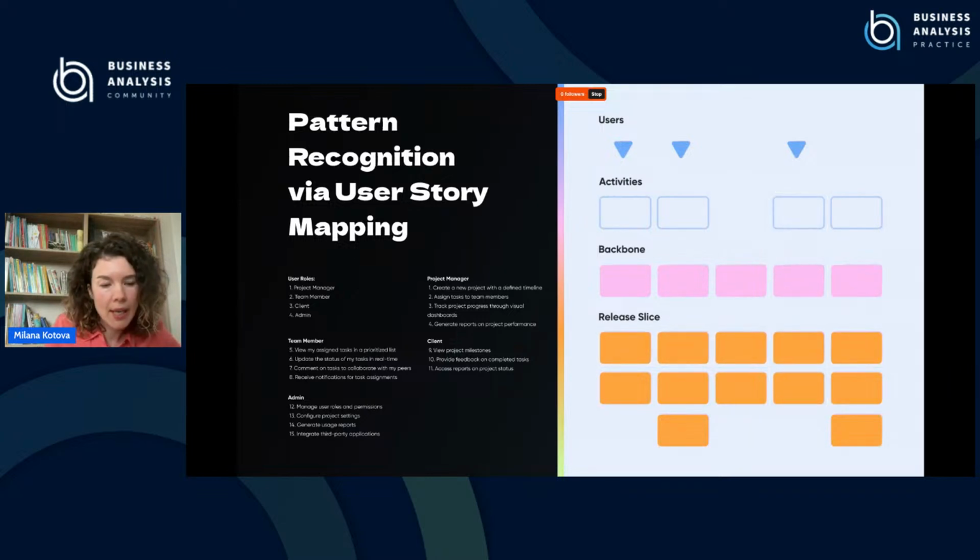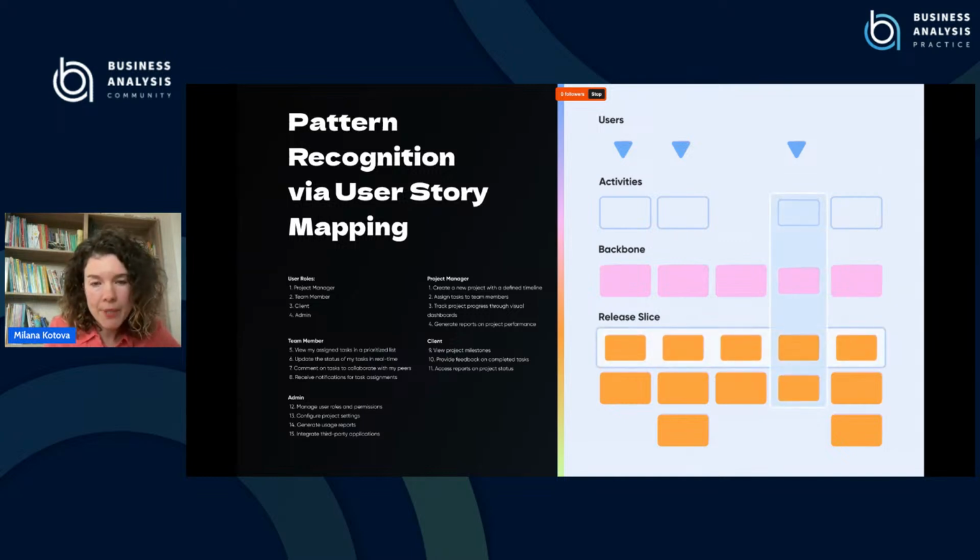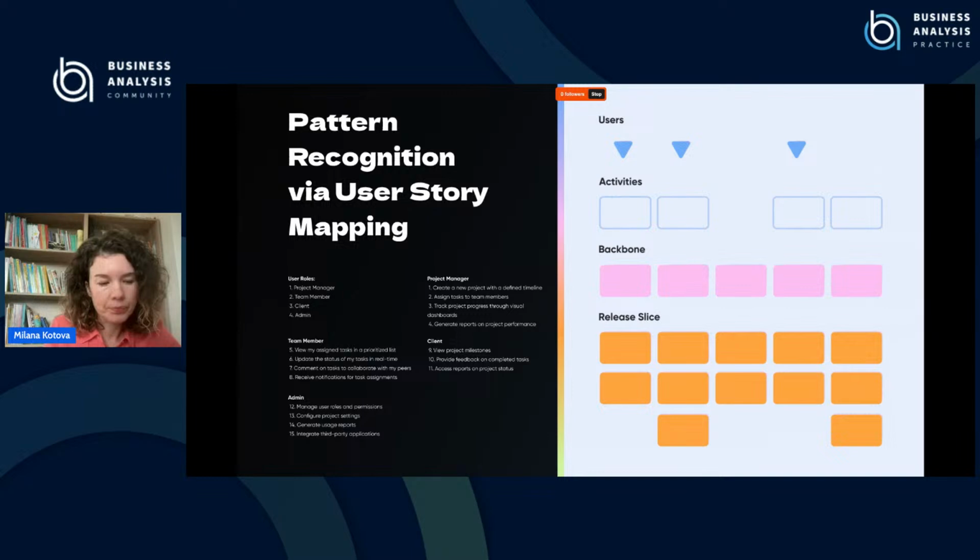These patterns help us group related stories, spot gaps in requirements, which also happens from time to time, and prioritize effectively. And of course, this structured visualization makes it easier to recognize connections, dependencies, areas for improvement, etc.